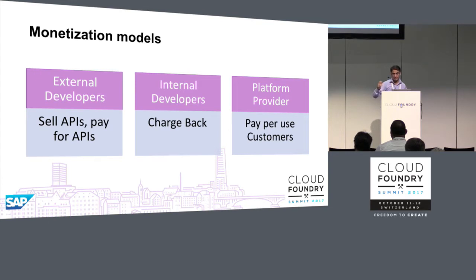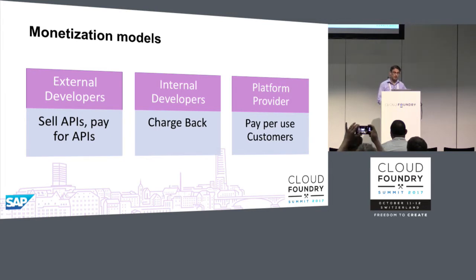So there is monetization on the platform provider side, but I'm seeing these trends among platform application developers, where they want to optimize the cost. So that's another use case where CF Abacus or billing engines can be used.